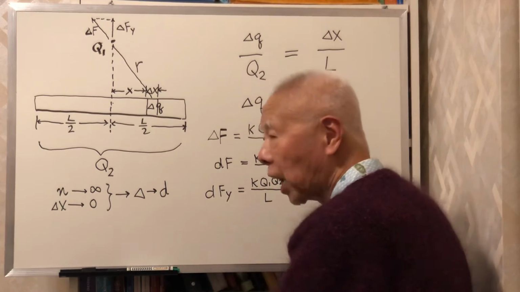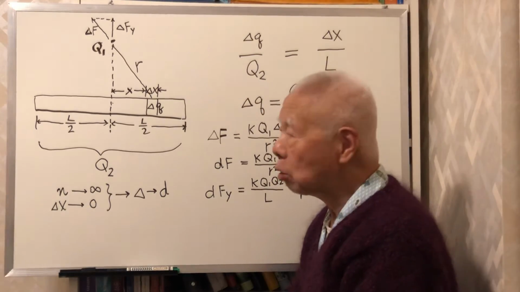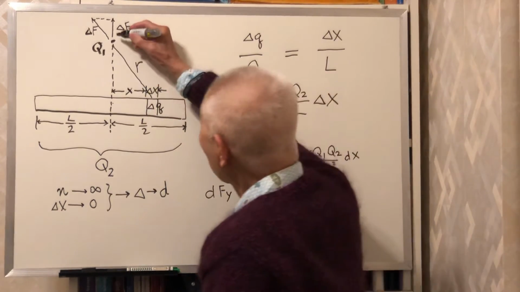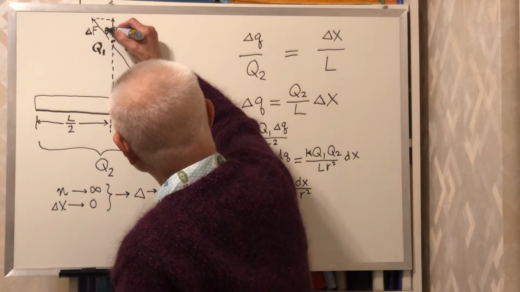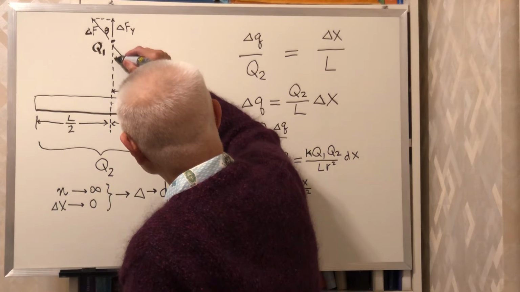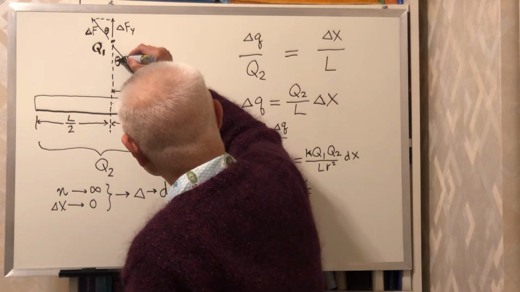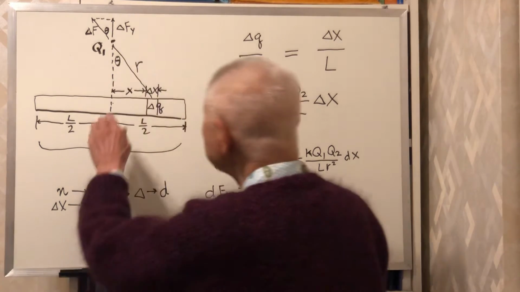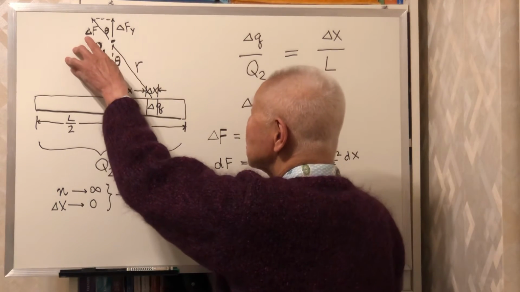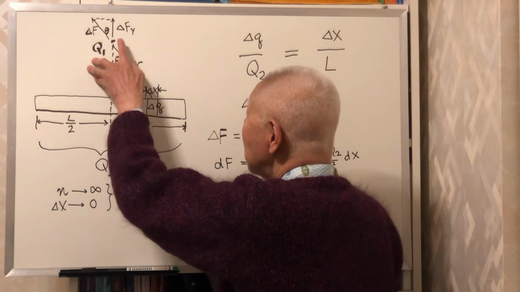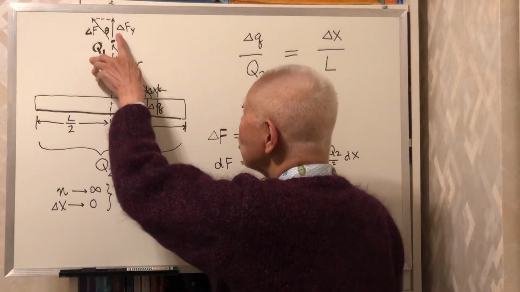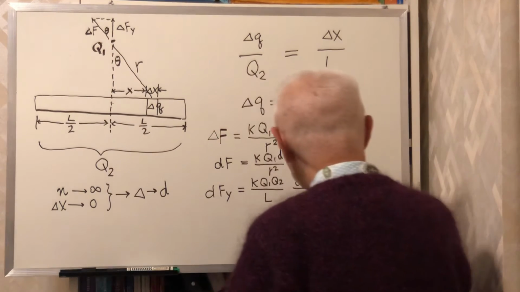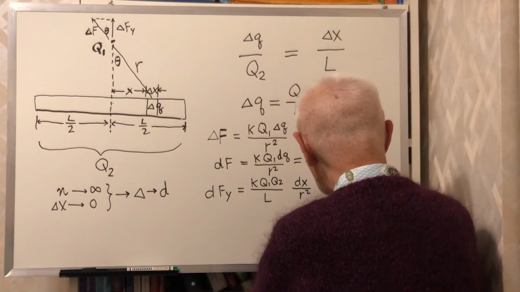How do I find the y component? I need a variable theta, which is, of course, this angle. The relation between dF and dFy is cosine. So I need a factor cosine theta.